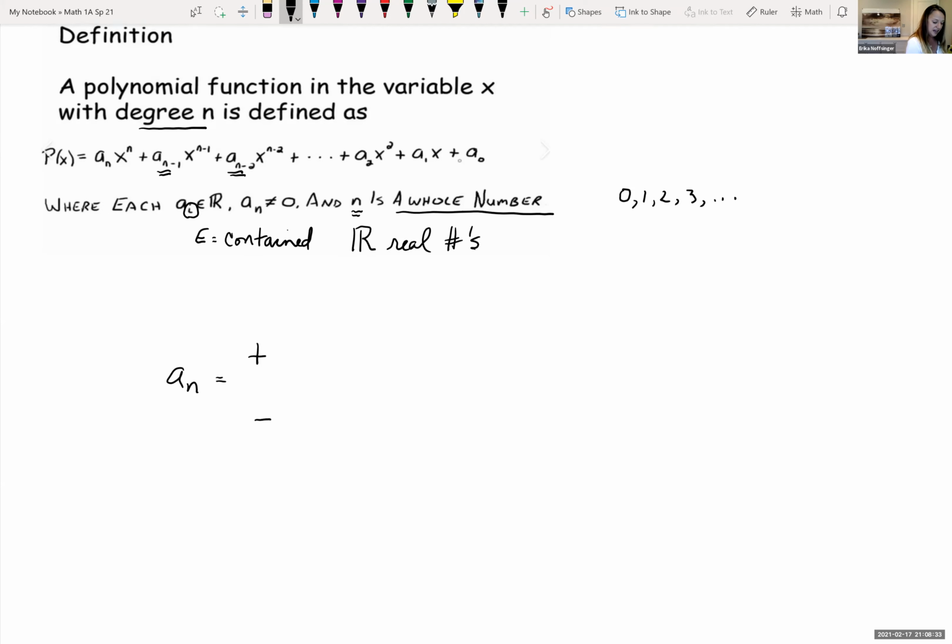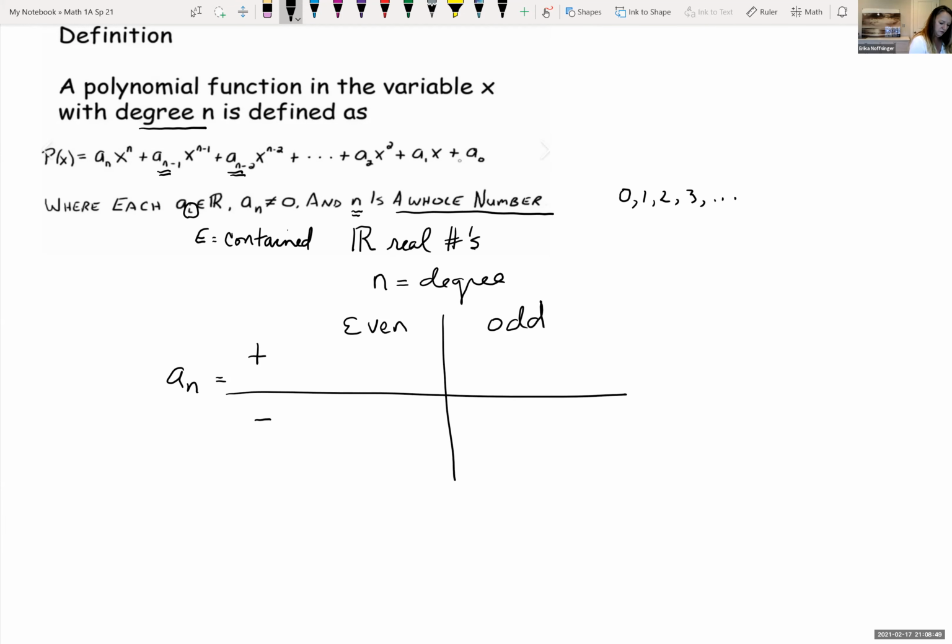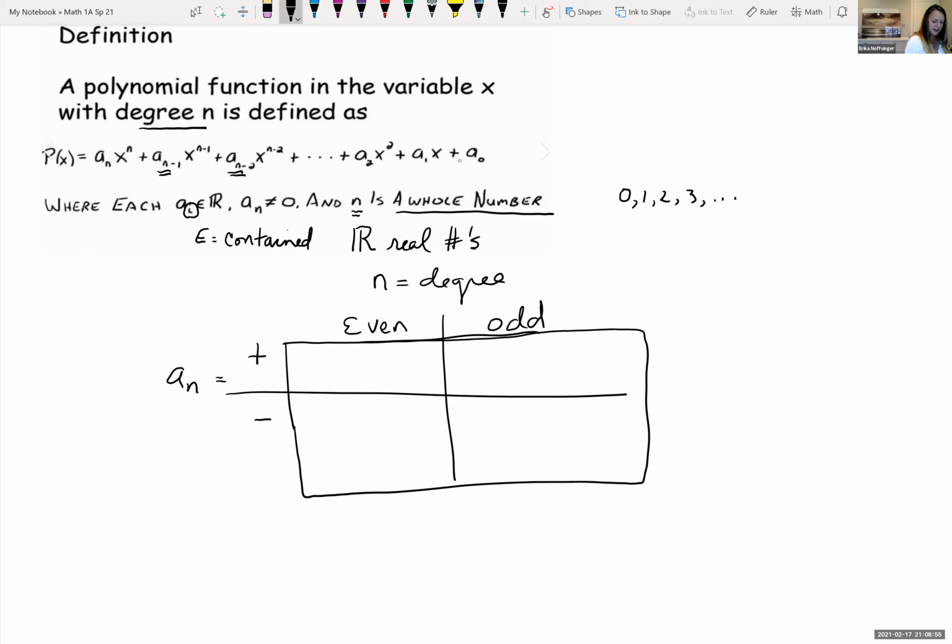And then we have n, which is our degree, and we want to know, was this even or odd? Okay, so let's make this table here and look at the 4 different cases.